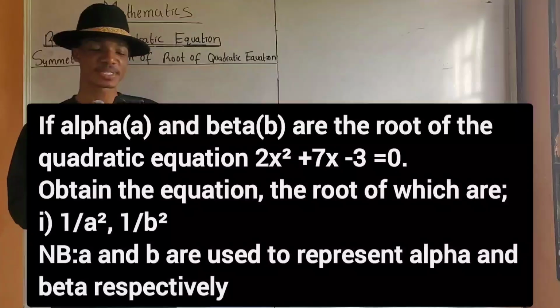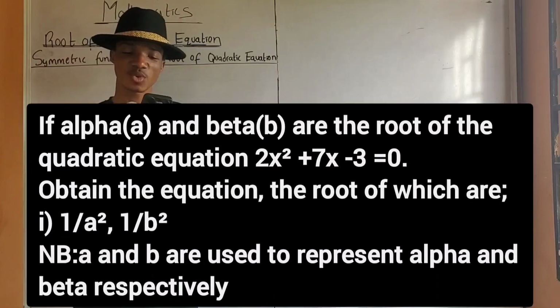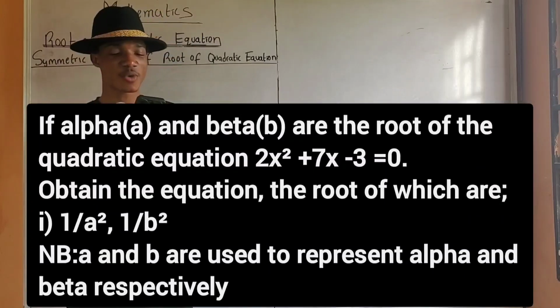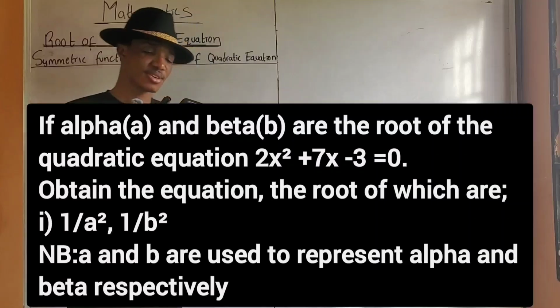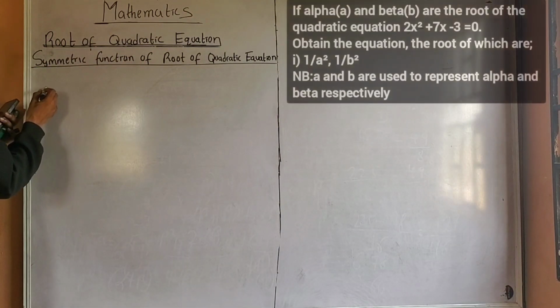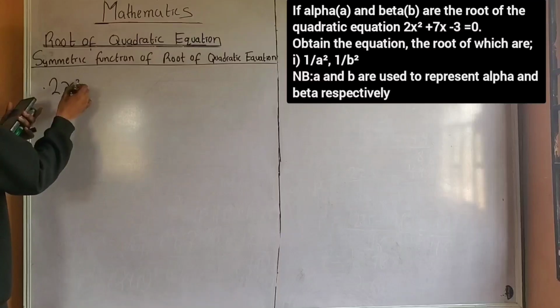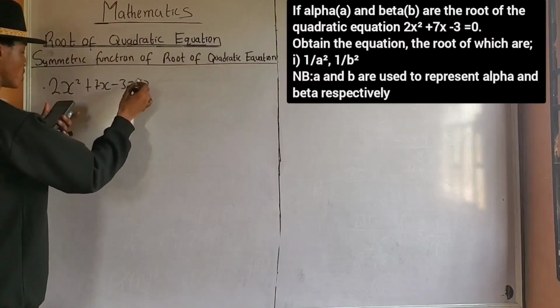If alpha and beta are the roots of the equation 2x squared plus 7x minus 3 equals 0, obtain the equation whose roots are 1 over alpha squared and 1 over beta squared. Okay, we are given that alpha and beta are the roots of the quadratic equation 2x squared plus 7x minus 3 equals 0.